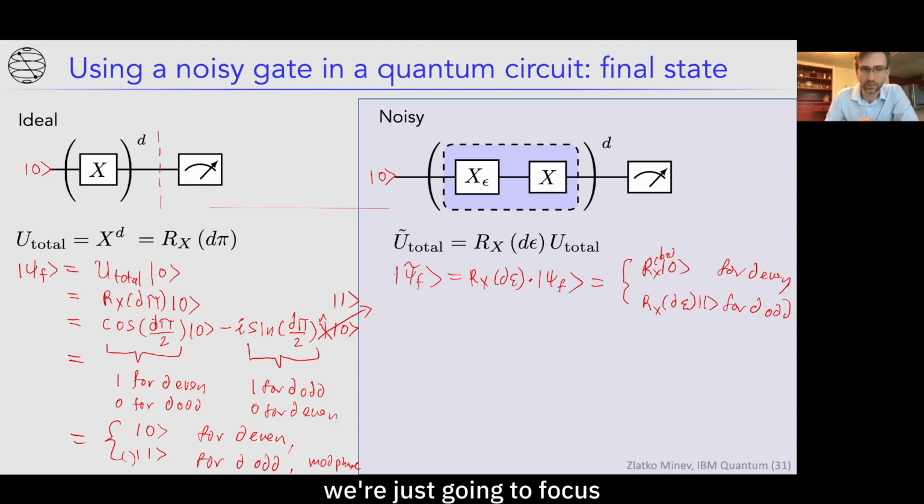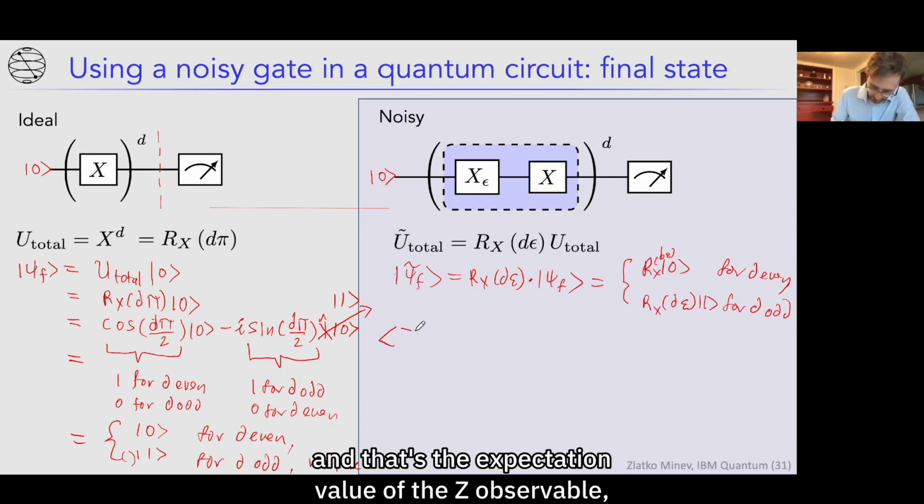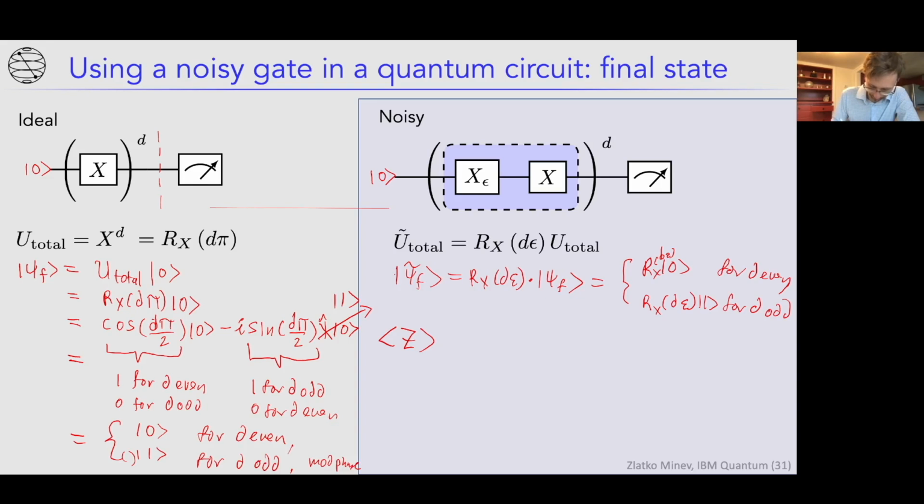And instead, we're just going to focus on calculating one important parameter for both of these, because we'll want to plot what it is, and that's the expectation value of the z observable.